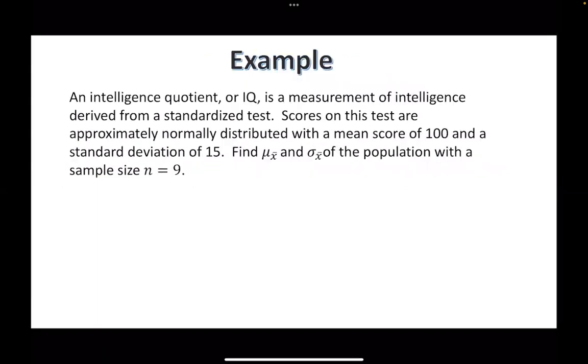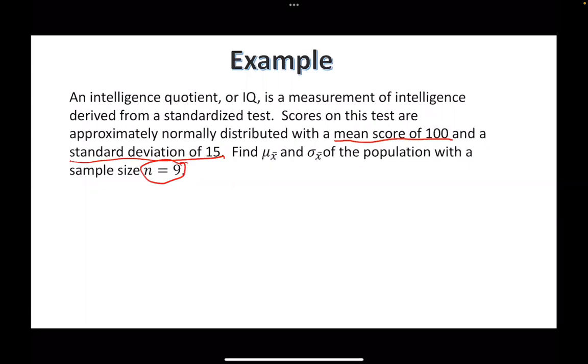So here's an example. An intelligence quotient, or IQ, is a measure of intelligence derived from a standardized test. The scores are normally distributed with a mean score of 100 and a standard deviation of 15. We have a population with a sample size of 9, and we are looking for our mean and our standard deviation.